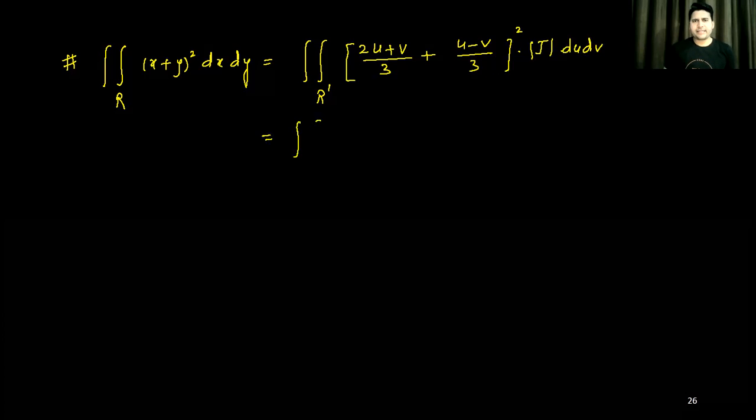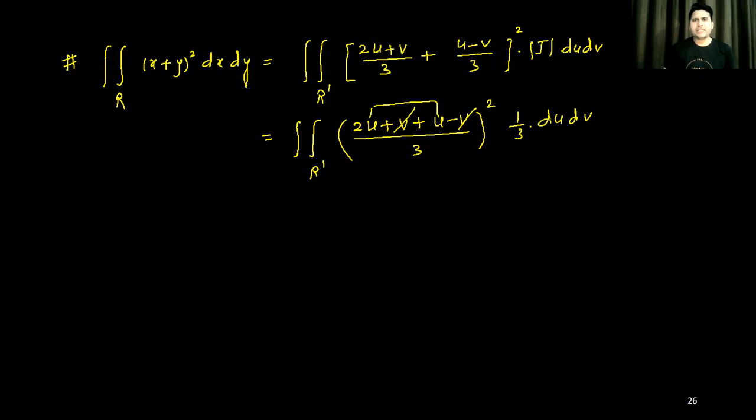So if I take the LCM, this is 1 upon 3, (2u plus v plus u minus v) upon 3 whole square, Jacobian we are getting 1 upon 3 into du dv. So this cancels. This will be 2 plus 1, 3u upon 3, that is only u. And this is square. So I am getting u square, and 1 upon 3 I take outside, double integral over R dash of u square du dv.